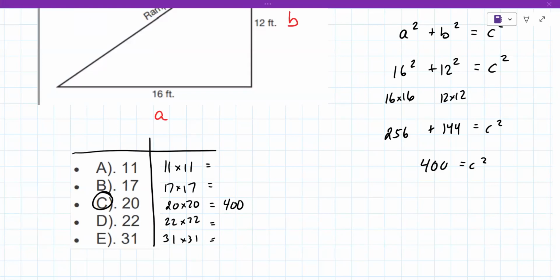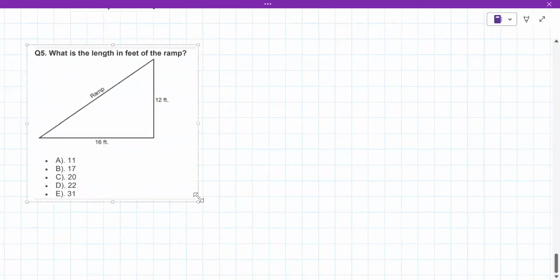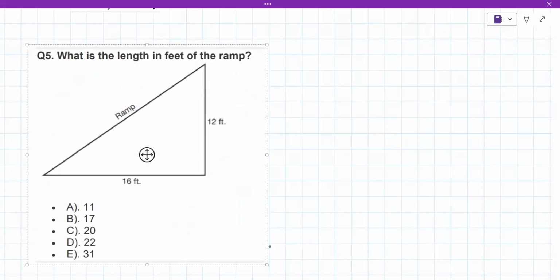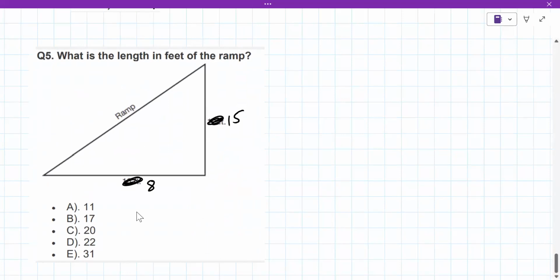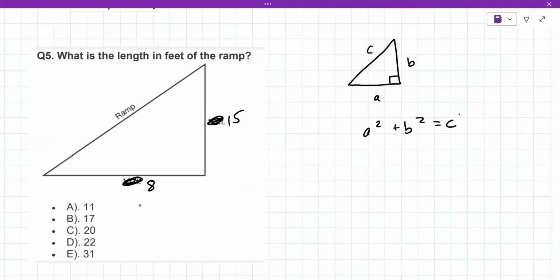Let's try a new problem here. I'm just going to change the dimensions here. 8, 15. See, so the correct answer is still in here. So the formula for this is if you have a right triangle, it's A, B, and C. A squared plus B squared equals C squared.